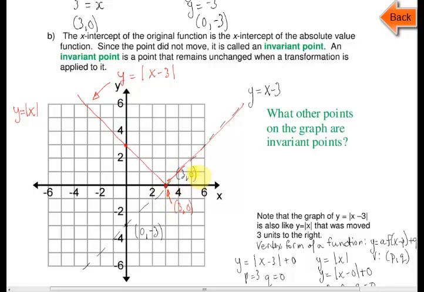Now, we've already said that our x-intercept is an invariant point. So we want to pick those points which are greater than that, right? Because when we go right on the graph, that means we're getting values larger than 3. And so where are the other ones? Where x is greater than 3.